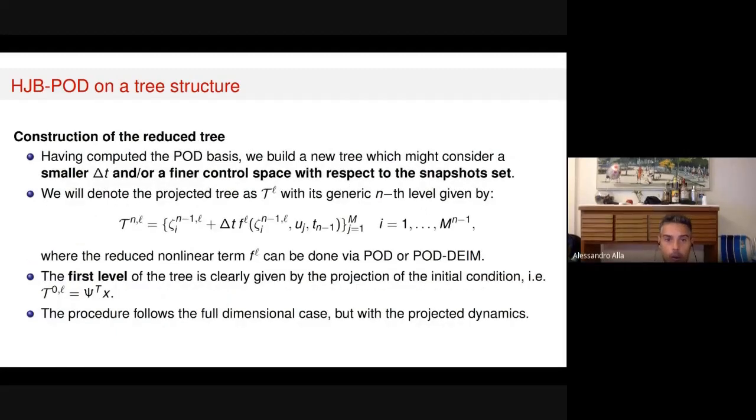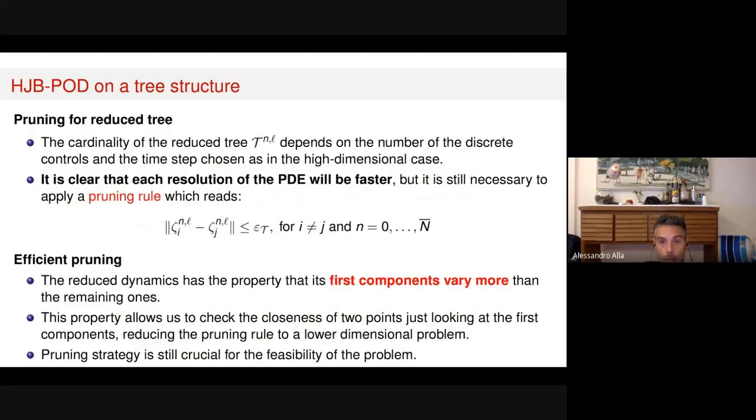Then we can compute with a different time delta T, a different control space. We compute the reduced tree, and then we compute the value function. In this way, the pruning is also easier, because we are doing a pruning in a lower dimensional setting. It's easier and faster to see when the nodes are close.